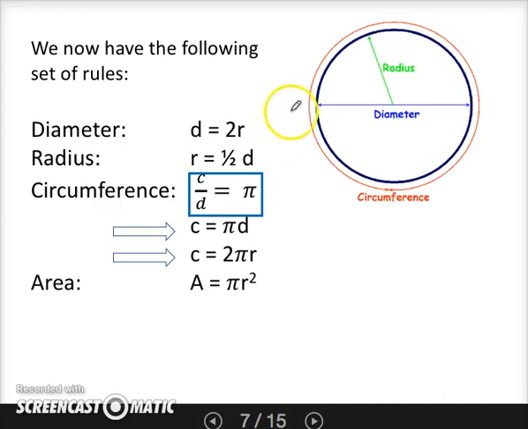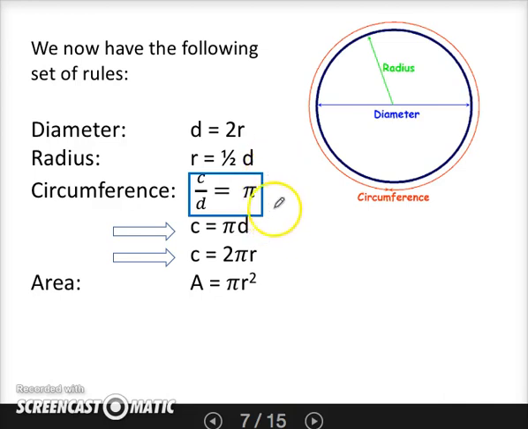The circumference of a circle, the distance around the edge, is related to the diameter by this special number pi. This blue box that I've drawn indicates that this relationship is the most fundamental relationship we have when we talk about circles.